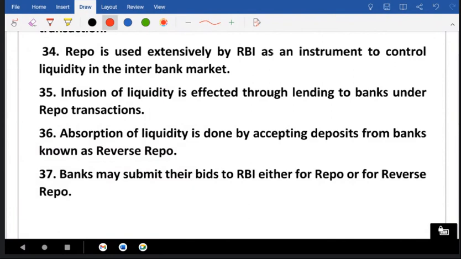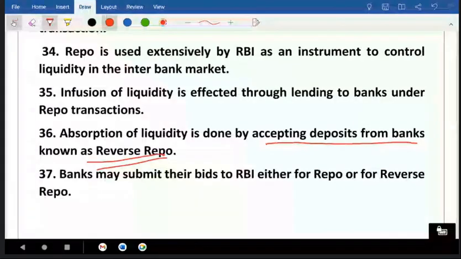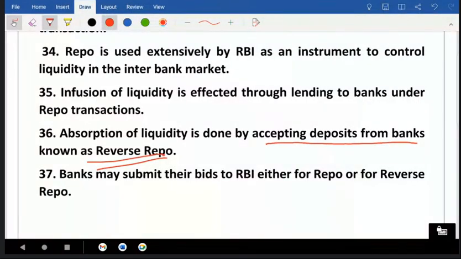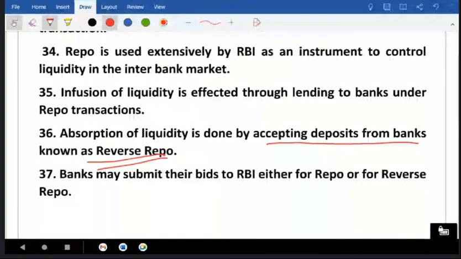That means when RBI accepts deposits from the banks, then they give the reverse repo rate. When RBI gives the amount to the banks, then we follow the repo rate. Okay, so these are very important controlling tools for the monetary policy of the Reserve Bank of India.